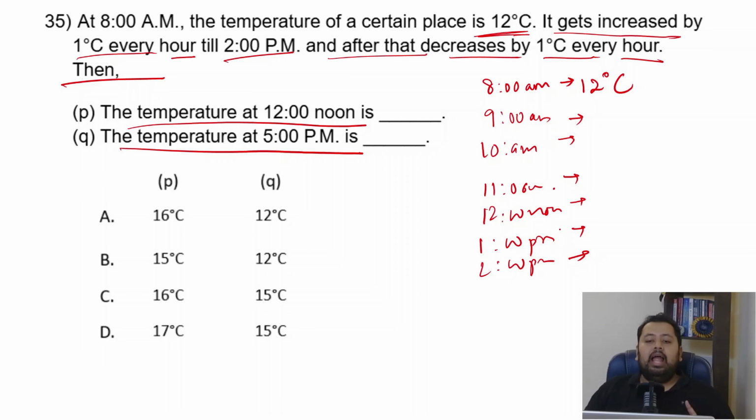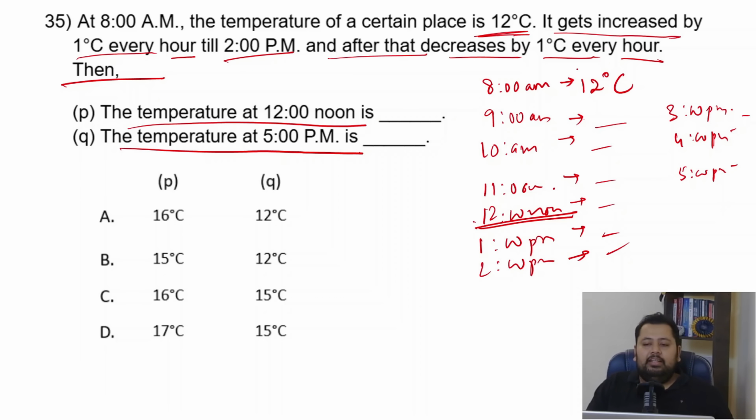After that, it starts decreasing by 1 degree centigrade every hour. So what is the temperature at 12 noon? And then, because it starts decreasing, what will be the temperature at 5 p.m.? Start filling these dashes and you will be able to find the answer. Pause the video, solve it first, and then look at the solution.